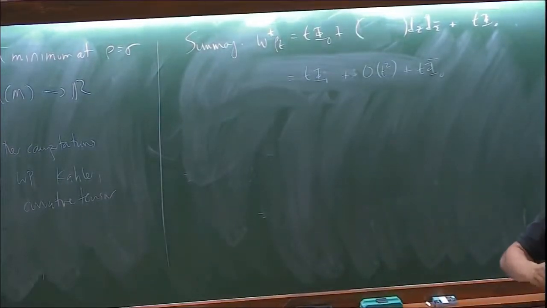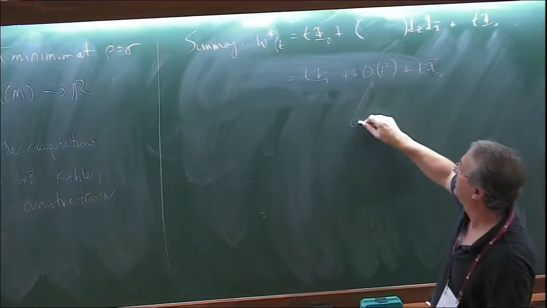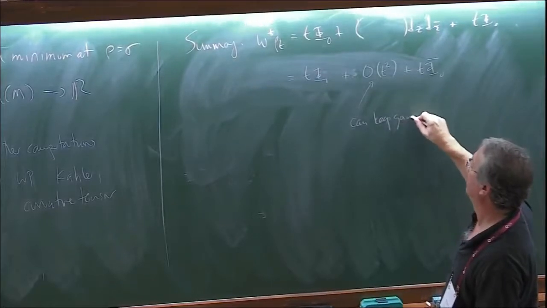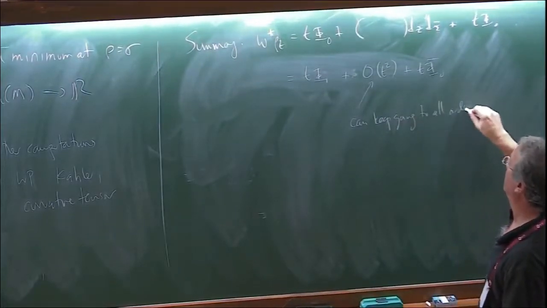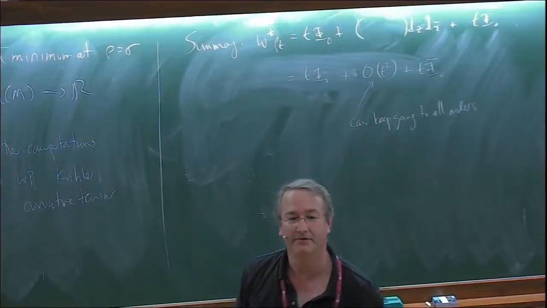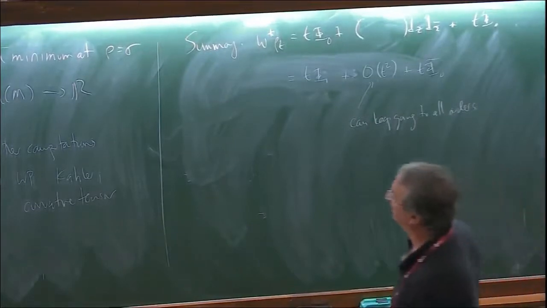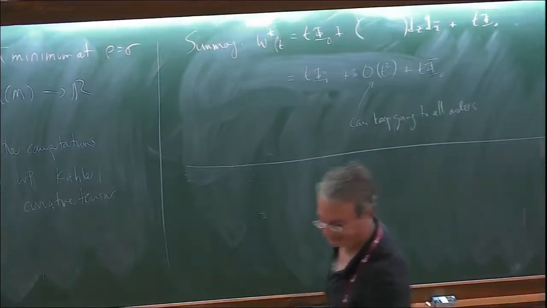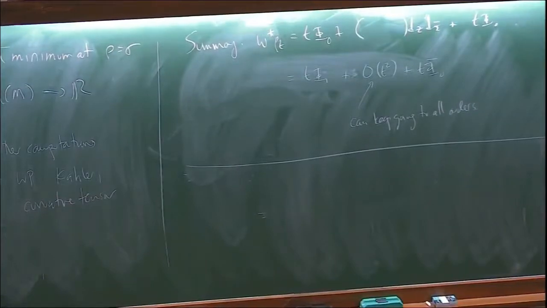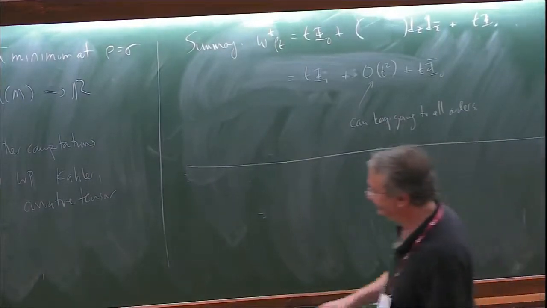So I know the expansion easily to first order, but in fact, we can keep going to all orders by playing the same sort of game we've played. And once I know the metric, once I know an expansion of the metric, I can compute many things. And I'm sorry to leave it there, but I think I should, in order to talk about the global theory. Let's leave that there.